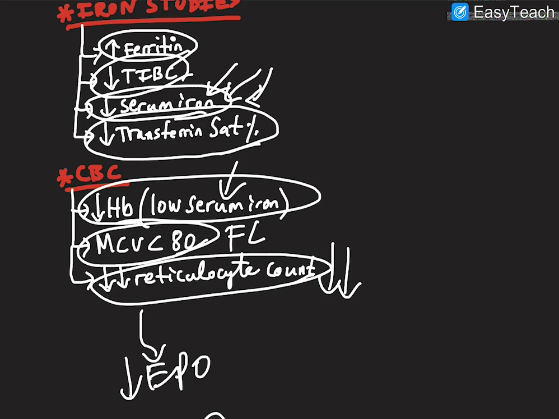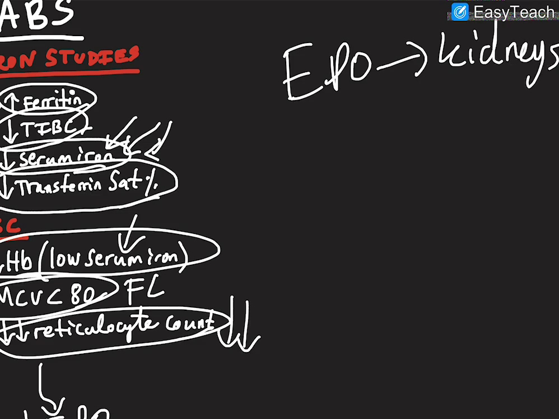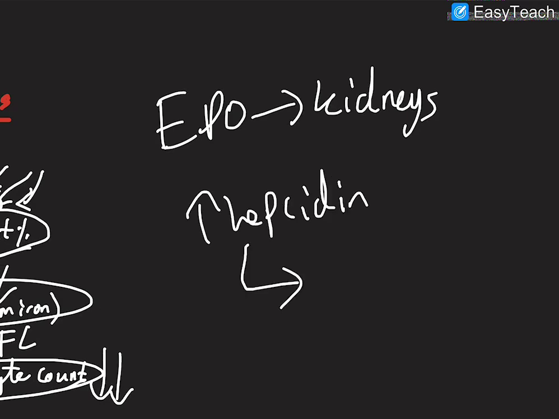Okay. So again, things like osteomyelitis or even chronic kidney disease. So if you have chronic kidney disease, remember who produces EPO, or erythropoietin? Your kidneys produce erythropoietin. So if someone has some sort of chronic inflammation or autoimmune disease where they're producing a lot of hepcidin, that means they're storing a lot of iron inside their cells.